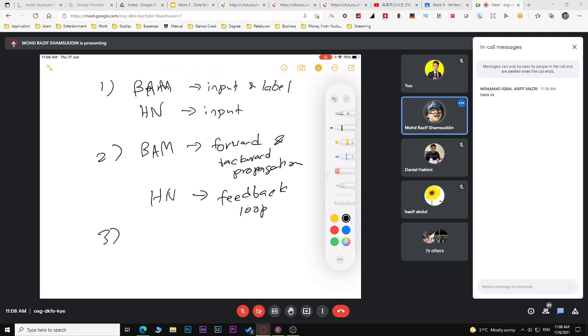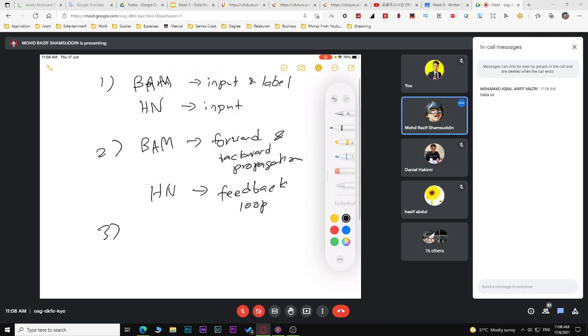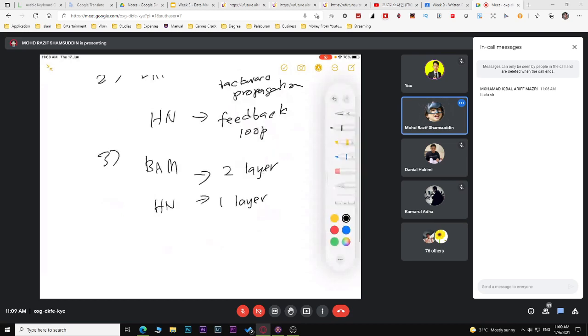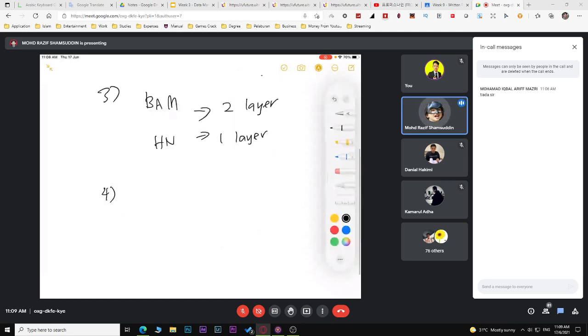Lagi? Apa beza lagi? How about the architecture? 2-layer architecture. Yes, BAM 2 layer, while Hopfield is single layer. Lagi apa lagi? Hopfield ada apa?